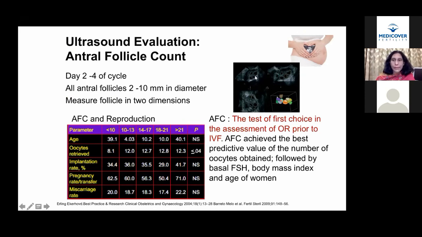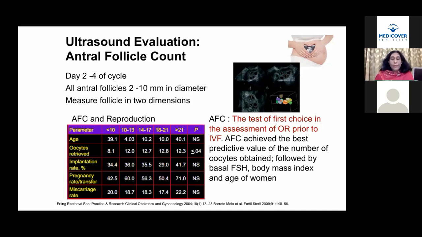Of course, if they are more advanced in the cycle, they are bigger, but initially we count them in both ovaries, and this is a very good and handy test for assessing antral follicle count.